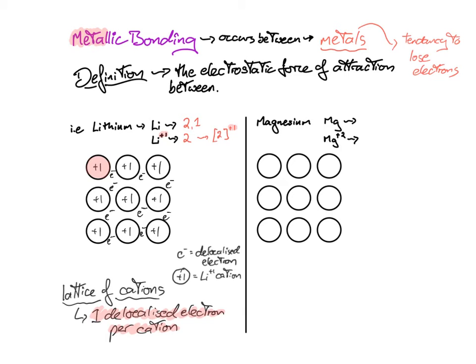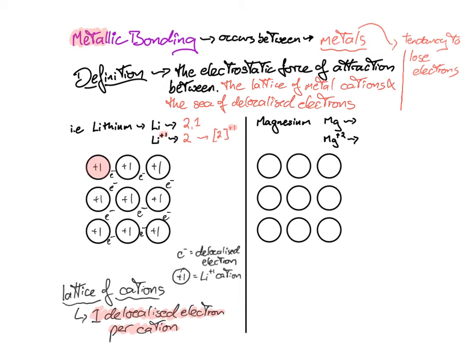Well, we have some positive species, that is the lattice of cations, and we have some negative species, that is the delocalized electrons. So we can look at our definition. The electrostatic force of attraction between the lattice of metal cations, those are the positive things, and the sea of delocalized electrons.